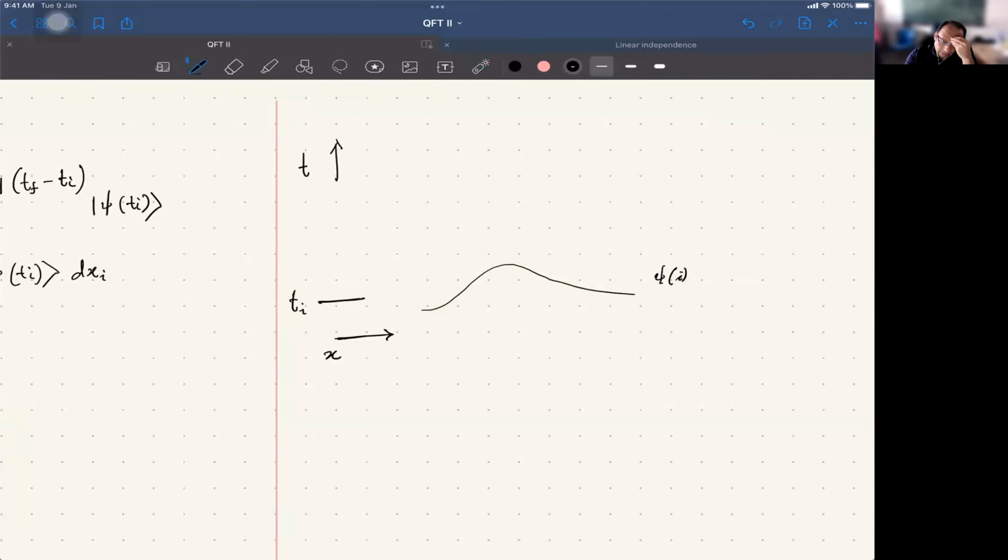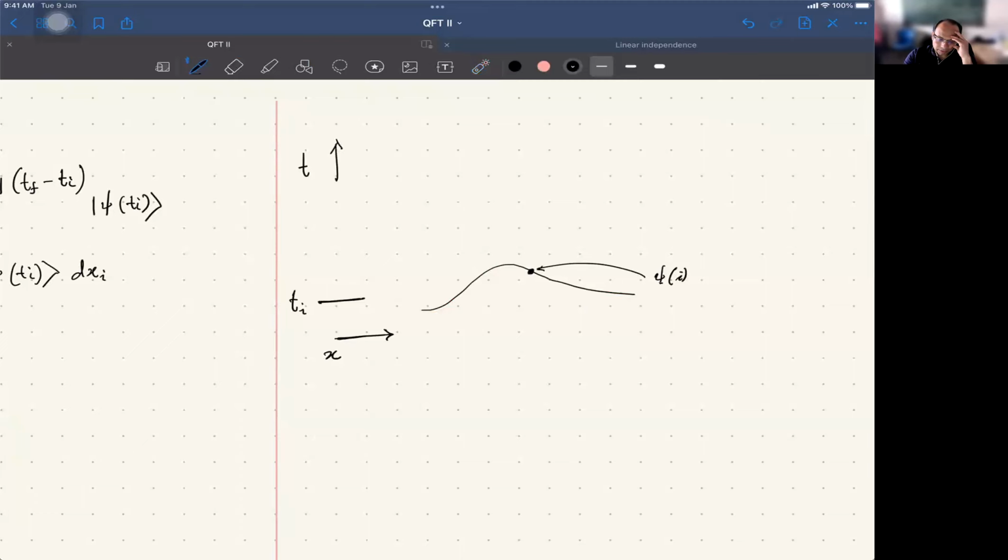And then this extends along this x direction. If you pick any point here, that is a value of x_i, going from minus infinity to plus infinity. So you pick any point here, psi of x_i t_i, which is the value here.